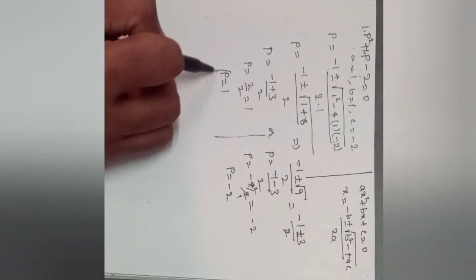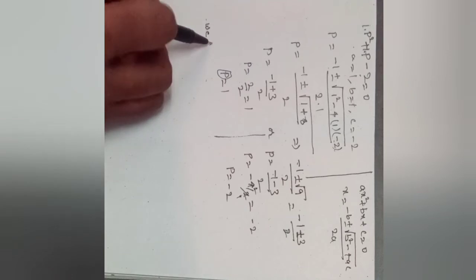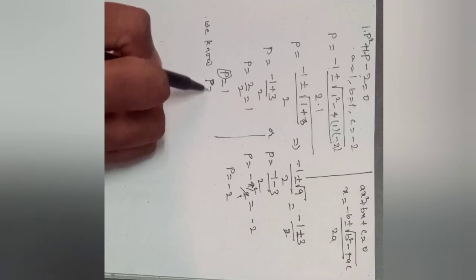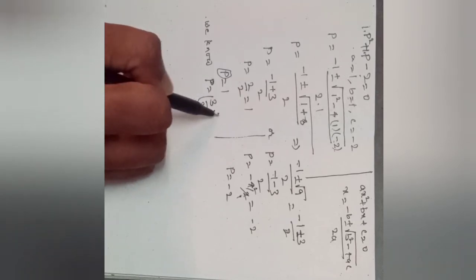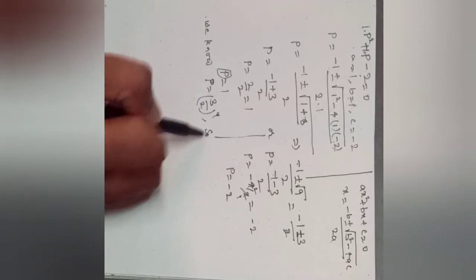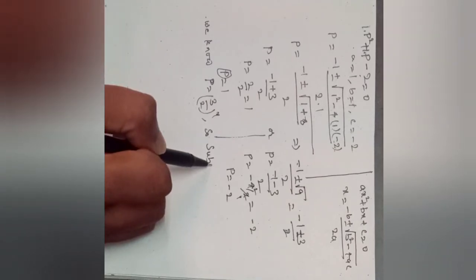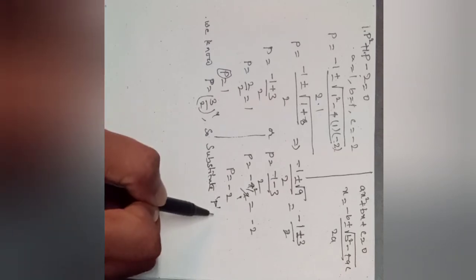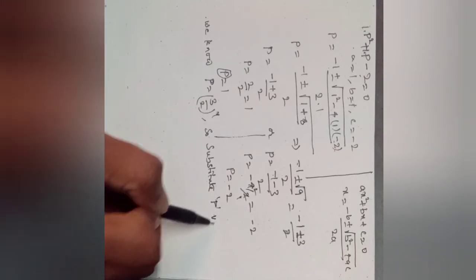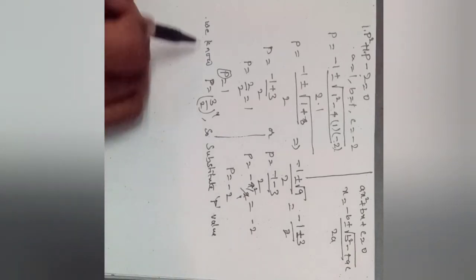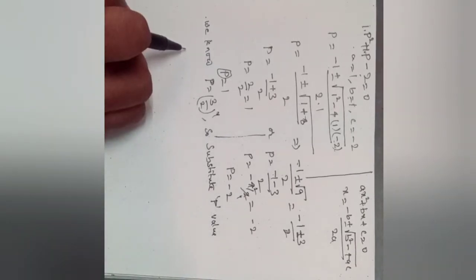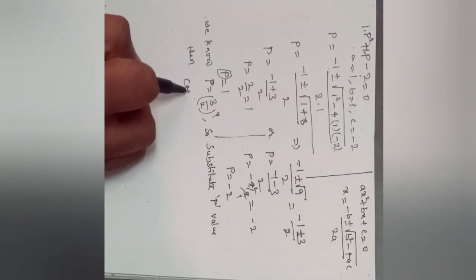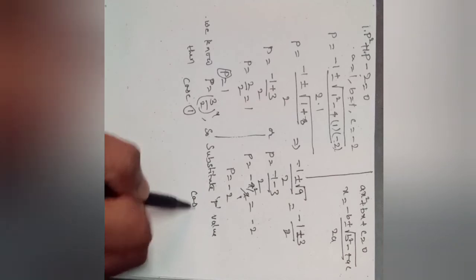We have assumed p value as p is equal to (3/2)^x. So substitute p value, then we will get two cases, case 1 and case 2.